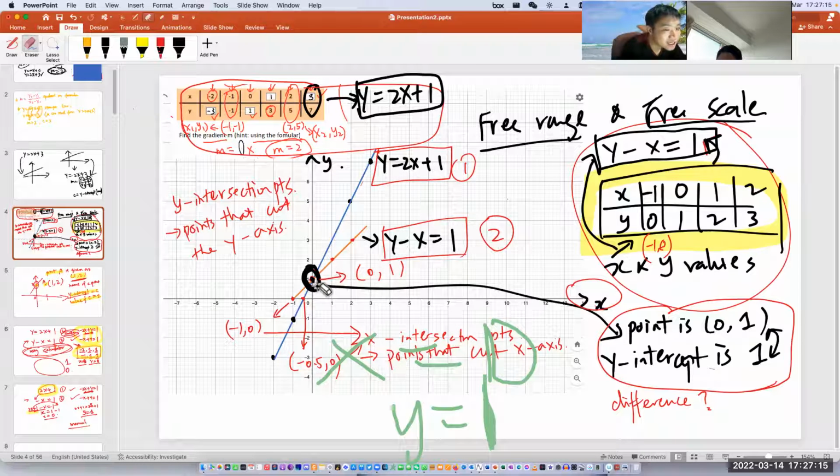And the intersection point of these two lines is here. Intersection means cross, just like a junction, crisscross. So this point is your 0, 1. So this 0, 1 is x is equal to 0, y is equal to 1.